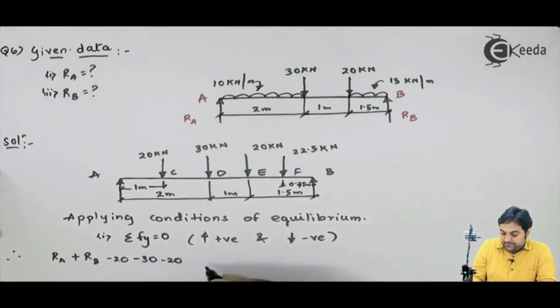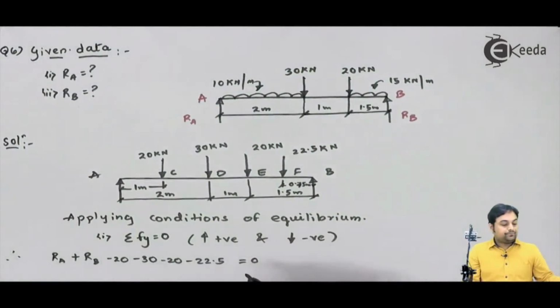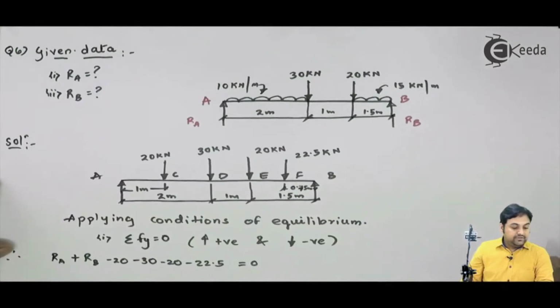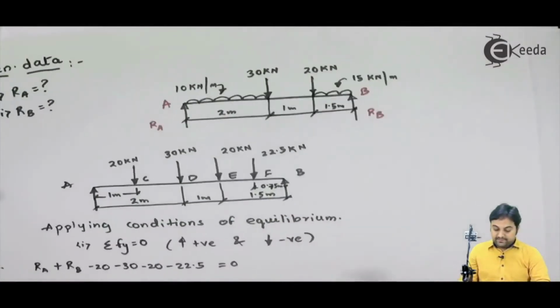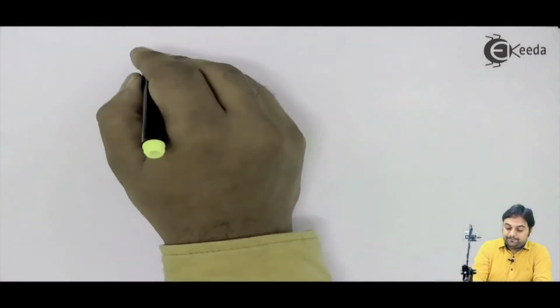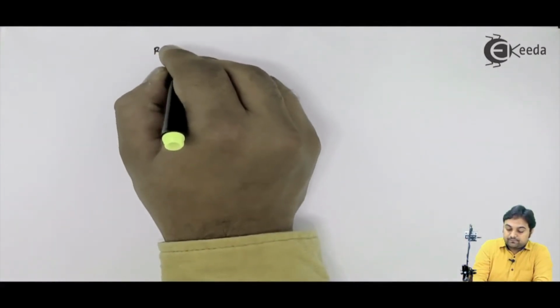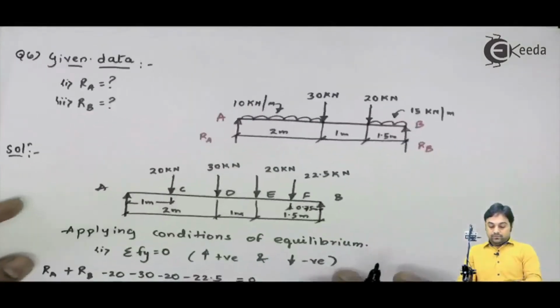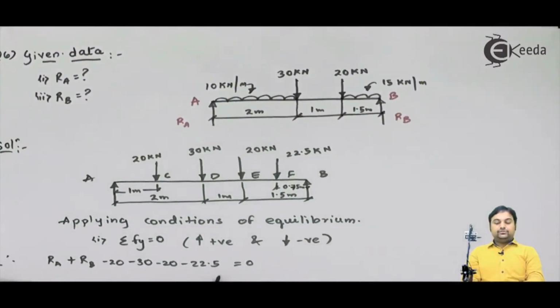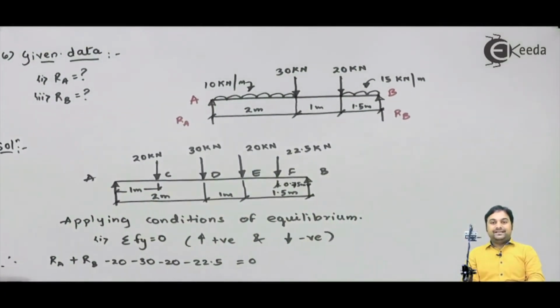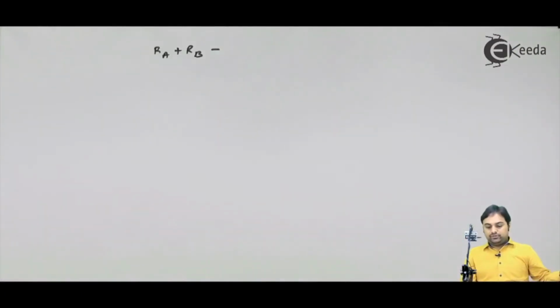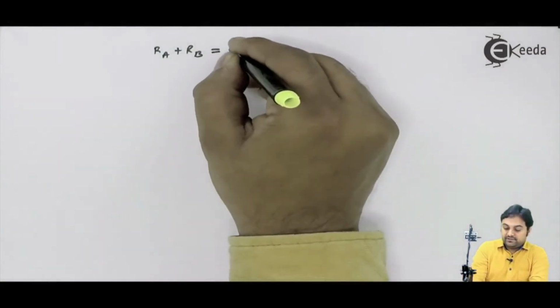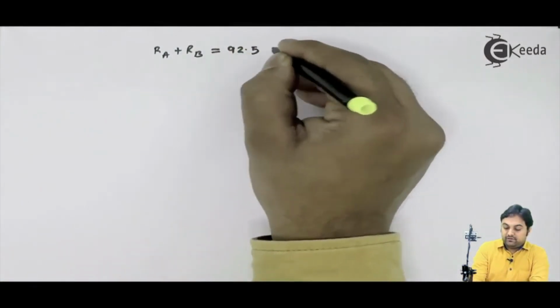Similarly, minus 20 and minus 22.5. That's equal to 0. If I calculate this, I will be getting my answer as Ra plus Rb minus, if I add up all the values, that will give me 92.5. If I shift it onto the other side, that will be plus 92.5. I'll call this as my first equation.